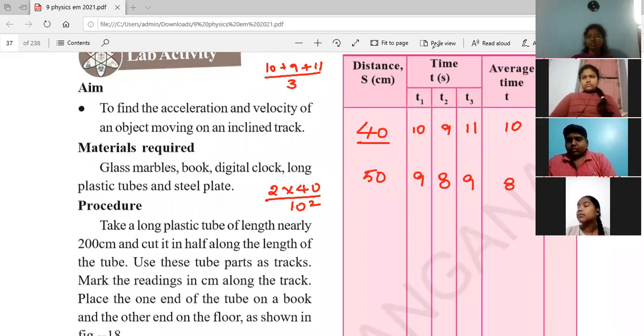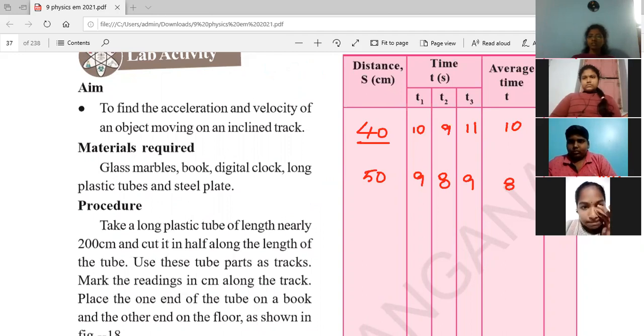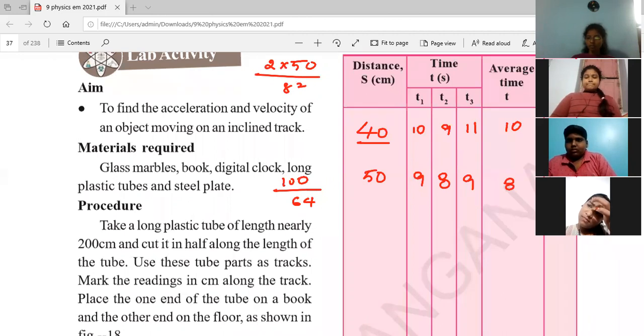So here we have to take 2 into 50 by 8 square. So 100 by 8 square, which is 64. So we'll get here 1.5 now.